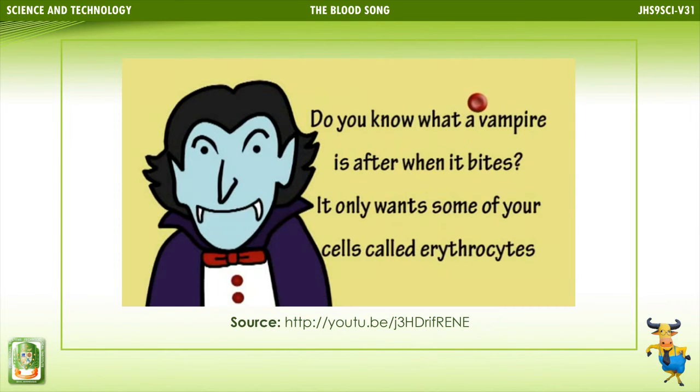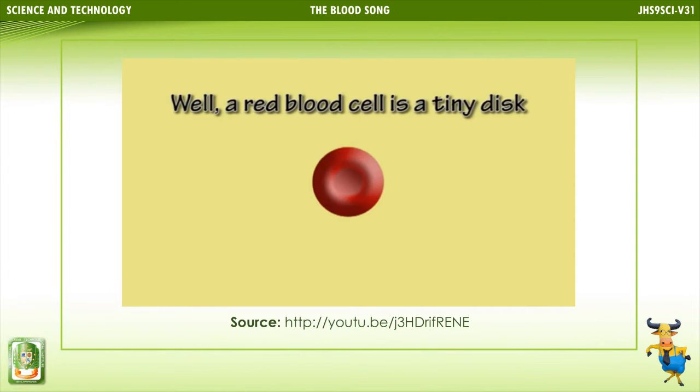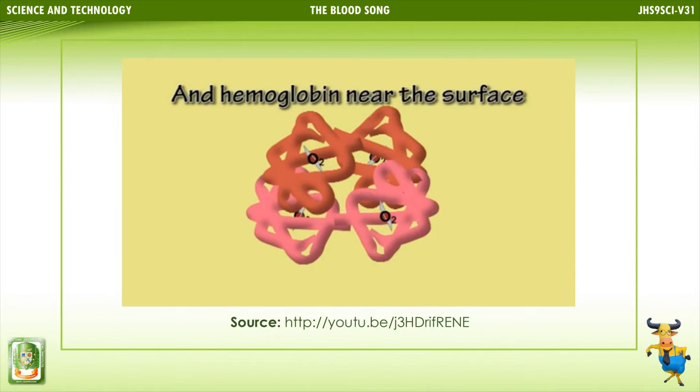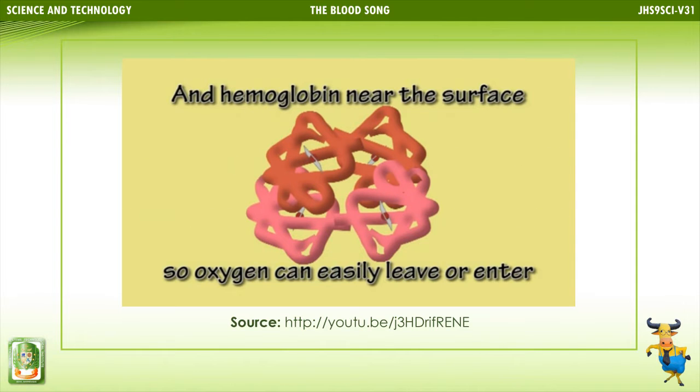Do you know what a vampire is after when it bites? It only wants some of your cells, called erythrocytes. Well, a red blood cell is a tiny disc with a dent at the center and hemoglobin near the surface, so oxygen can easily leave or enter.